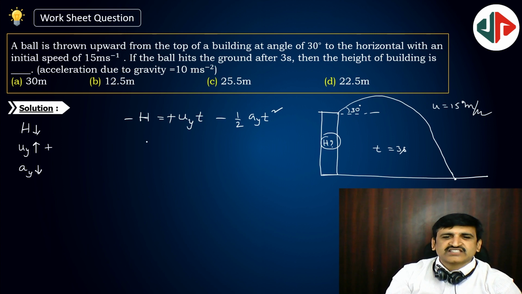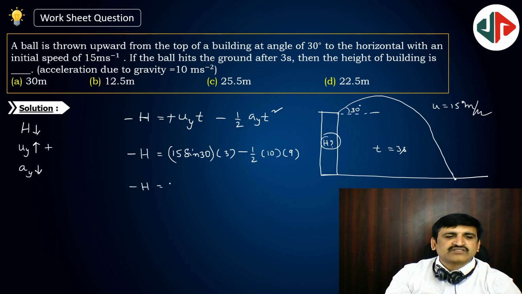So minus h, how much h? We have to find minus h only, that is equal to uy, which is u sin theta, 15 sin 30 into t, t is 3 seconds, minus half g t square, g value 10, into t square 9. You can solve it actually.